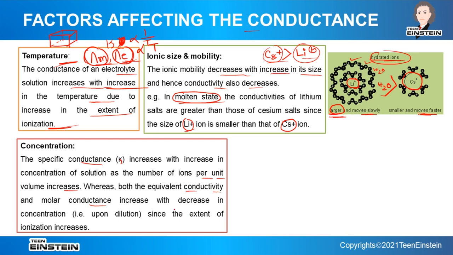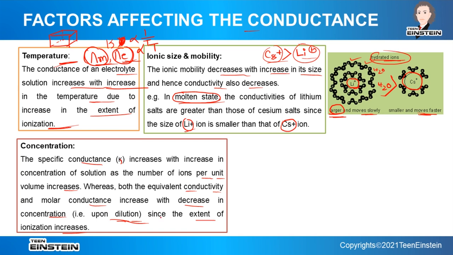Now why is it so? Decrease in concentration means the solution is now more diluted. As I have already mentioned, dissociation increases when the solution is more dilute, because in dilute condition the extent of ionization increases.